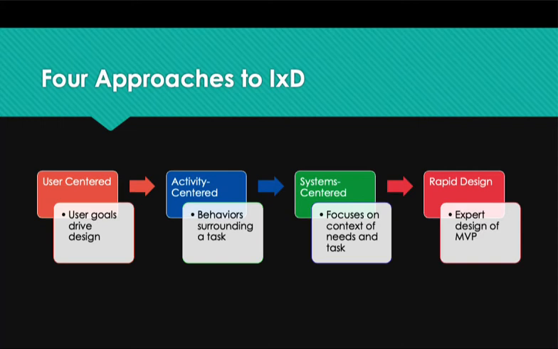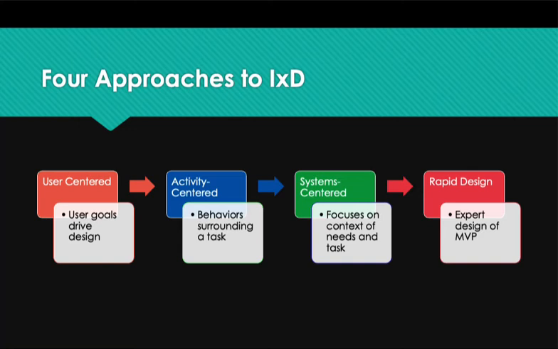research that's been done. And so it's important that we first start and look at our user goals because they're going to drive the design. And then in terms of activity-centered, what behaviors surround a task or goal that our users have? And in terms of system-centered, we want to focus on the context of the needs and tasks that they accomplish.